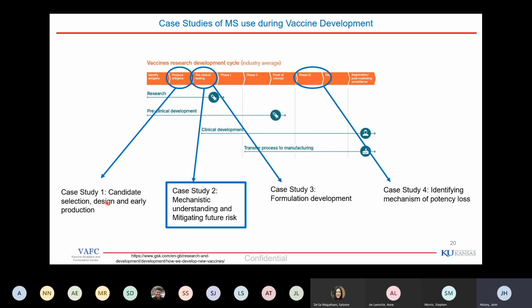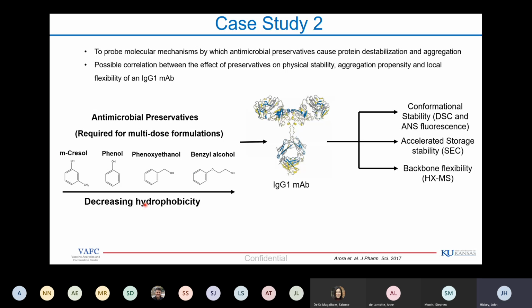For case study 2, it was a little bit more mechanistic understanding and mitigating future risk. So this was a paper we published a couple of years ago that was focused on the effect of preservatives on the stability of a monoclonal antibody.